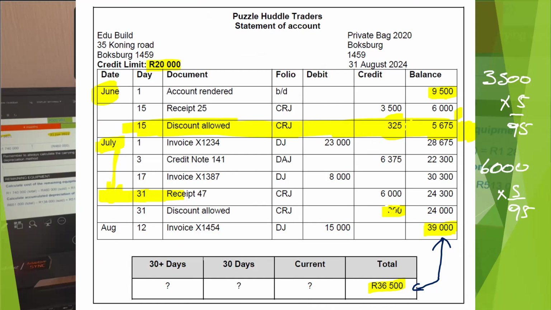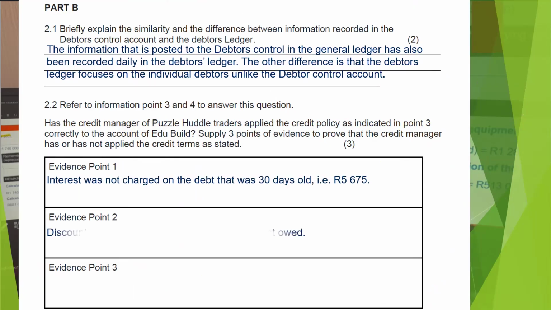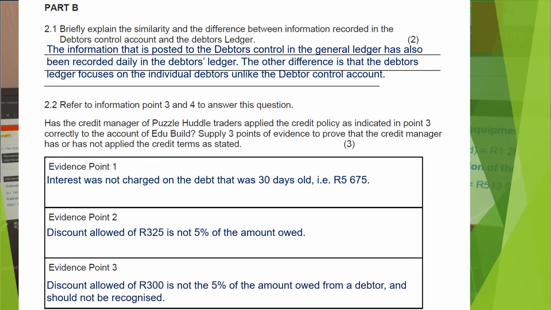And on top of that, discount was actually incorrectly calculated. So let me see what I wrote when I did this. Interest was not charged at all. There it is. And they said the discount allowed of 325 is not 5% of the amount owed, and the discount of 300 is also not 5% of the amount owed and should not be recognized.